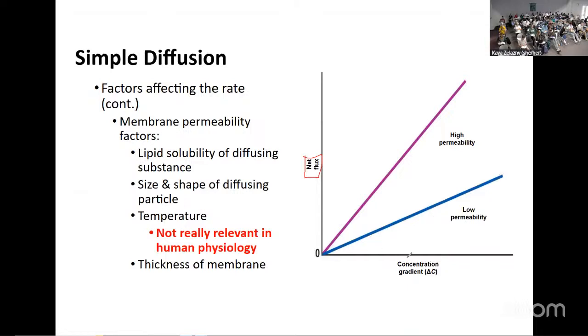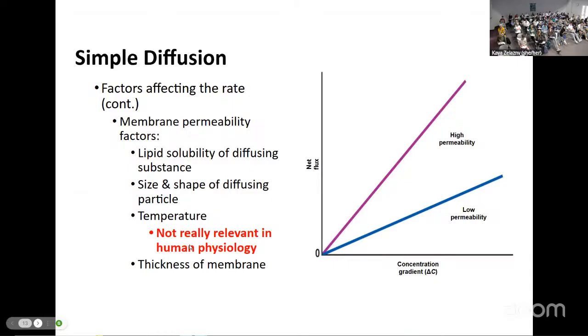So in both of these lines, as our concentration gradient goes up, so does the movement of molecules. But with low permeability, that process happens slower. If our membrane is highly permeable to that molecule, right, it goes up way faster, right? So in both cases, as our concentration gradient increases, flux changes, but permeability influences how the slope of that line is changing.